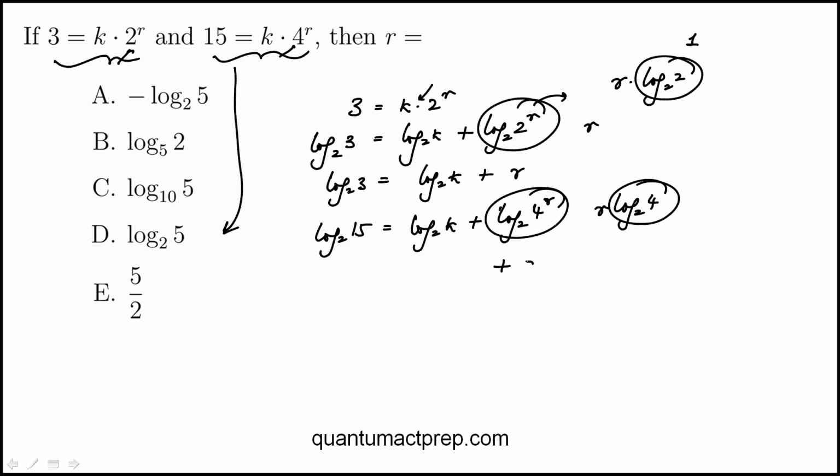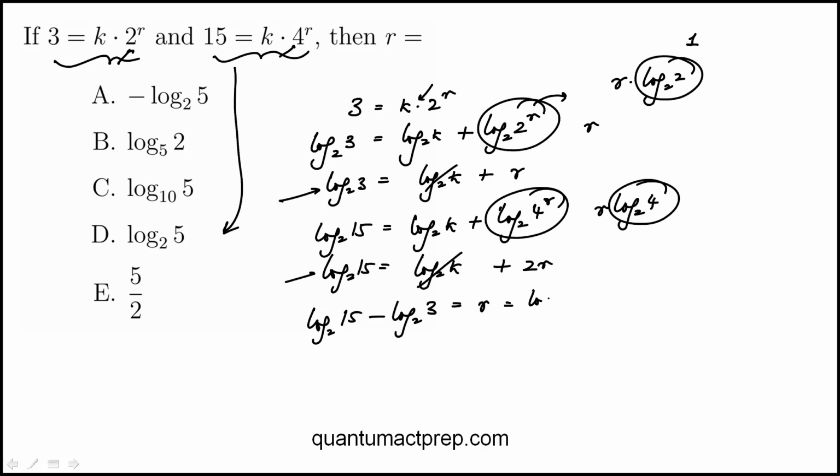So that becomes 2r, and you'll notice the log 2 k part is the same. And we can subtract the two equations. So I'm subtracting the first one from the second, and you'll notice that this term will drop out. You'll end up with r, and this is subtraction, so this would be the same as dividing 15 over 3, which is 5.